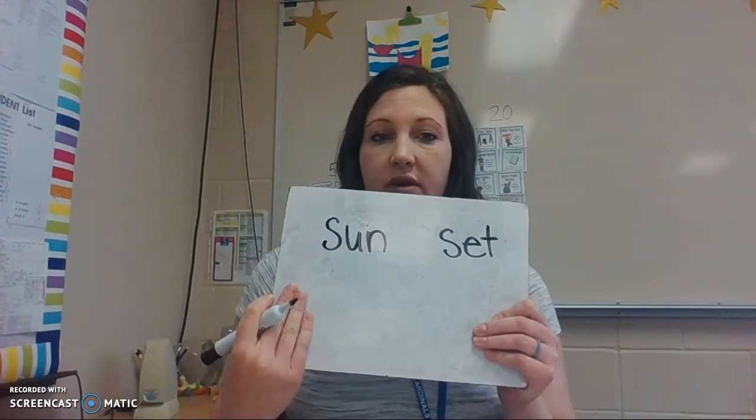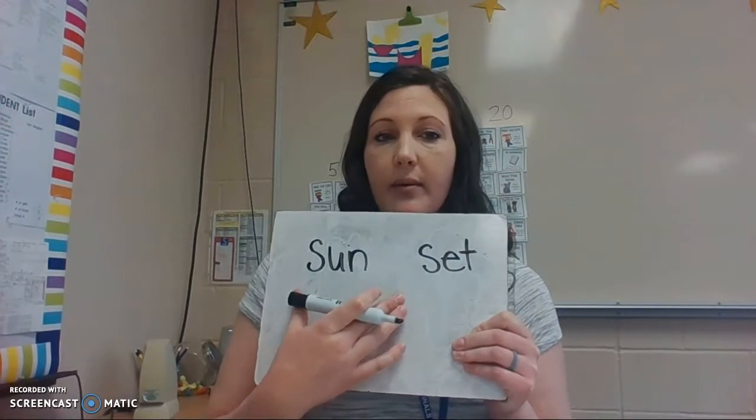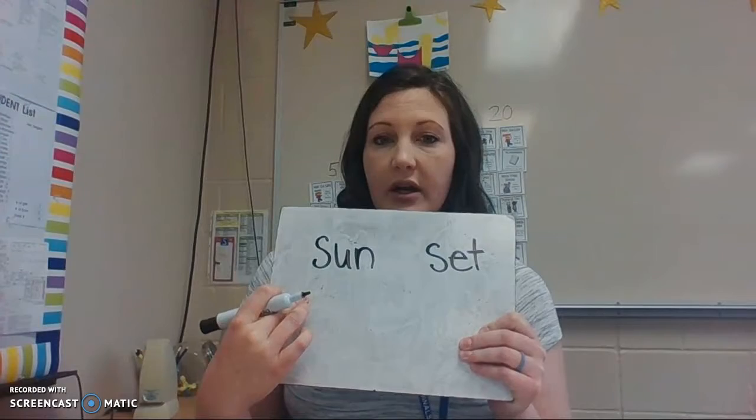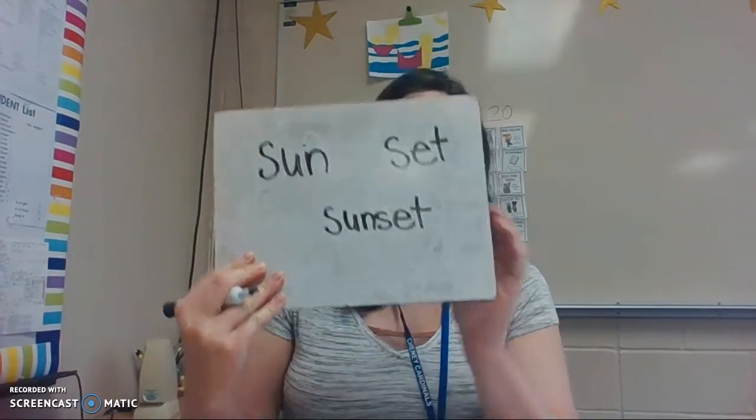Did you hear the word sunset? Right here, they're words that stand alone, sun and set. But we combine the two together to make a multi-syllable word. So that is going to make the word sunset.